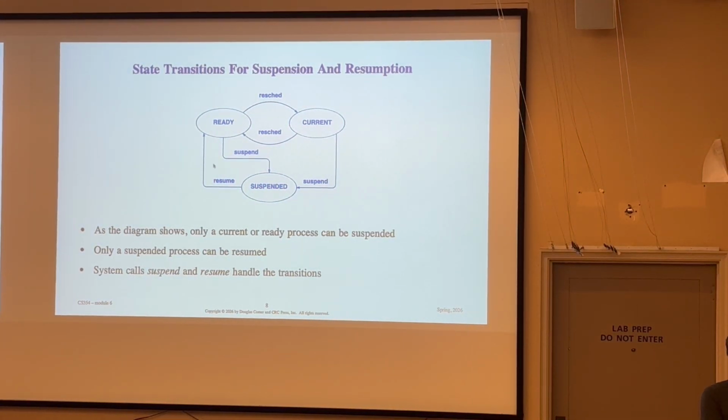Resume will put this created state process into the ready queue, and then in the future, resched and context switch will be able to schedule in this ready process and execute it.